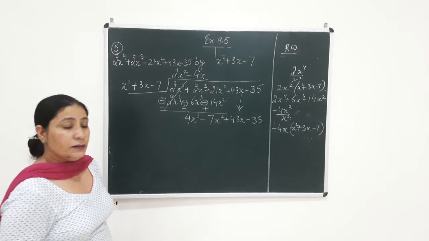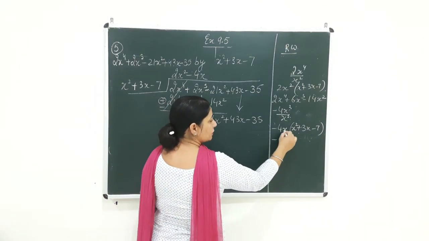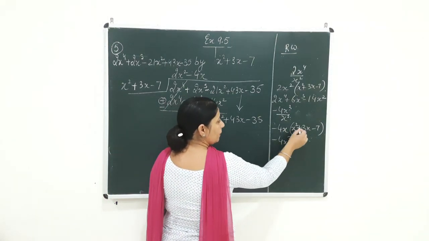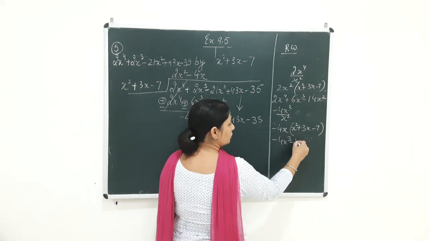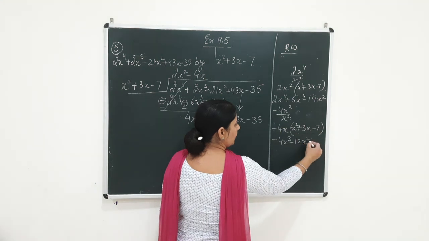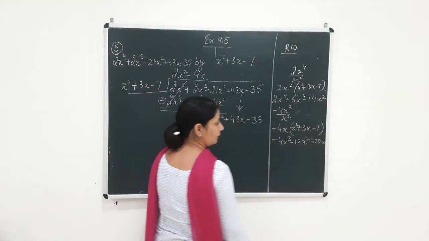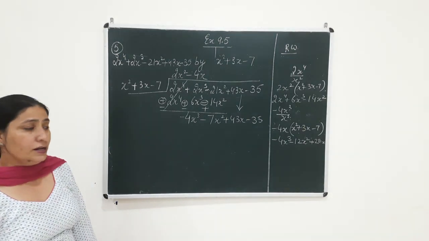Now when you multiply it, what do you get? Minus 4 into this will become x and x will become x cube, plus minus minus 3 4s are 12, x and x will become x square, minus minus plus 7 4s are 28, and I will get x along with it. So let me arrange it now.